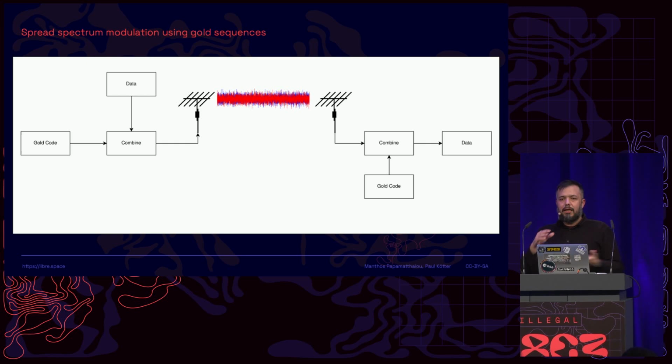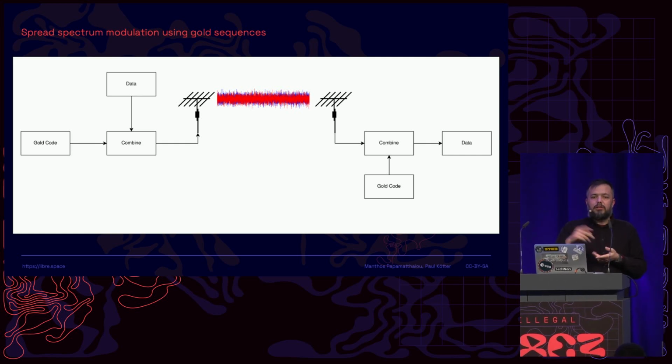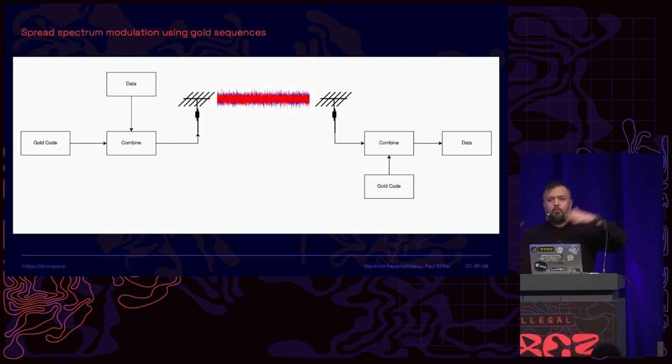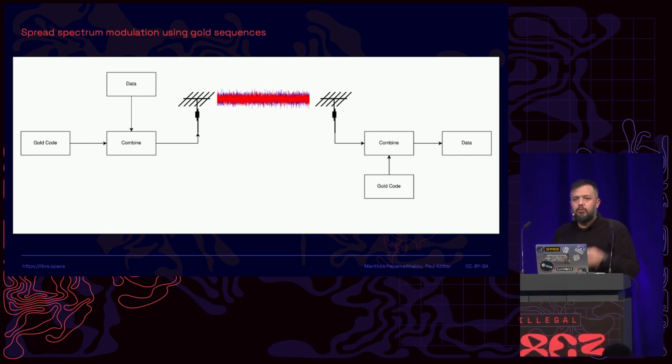You also combine them with a preset gold code, a gold sequence, and then you transmit. The transmitted signal is below noise level, so you cannot distinguish the signal from the noise. The only way is to compare it with the known gold sequence, and when you compare it, you get the data back. This is a very efficient way to send very low power signals at very low data rates. So you trade off your data rate for SNR, signal to noise ratio.